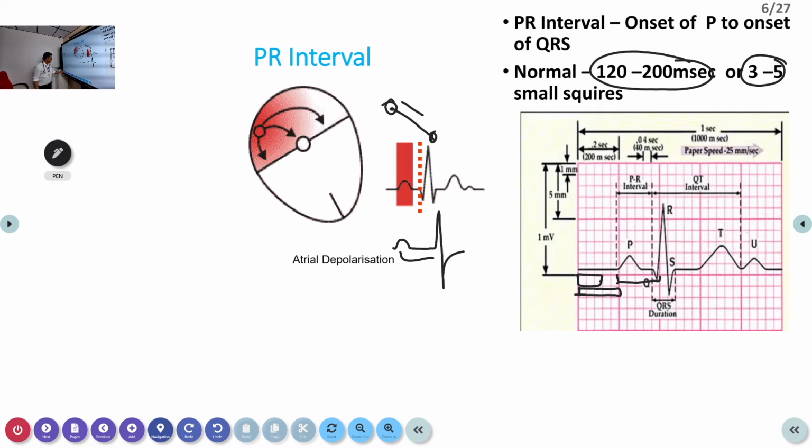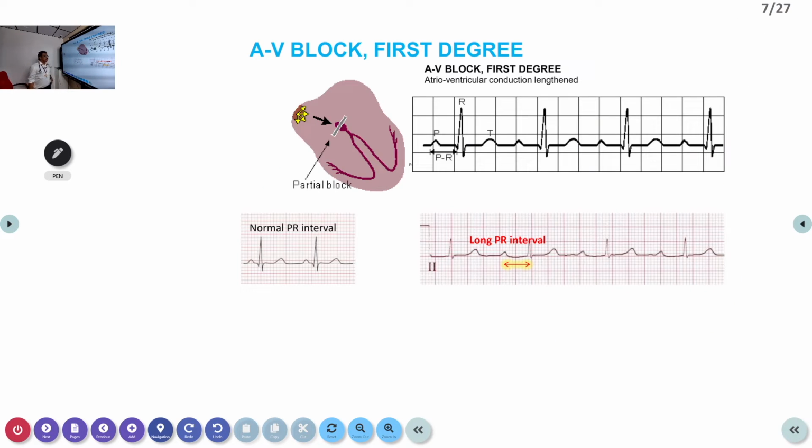Now first degree heart block means the PR interval is prolonged. You can see here SA node to AV node conduction normally occurring here. The P wave comes here, QRS comes here. That's normal conduction. But due to some reason, if there is a prolongation from the P wave to the QRS complex, there is a delayed conduction occurring here.